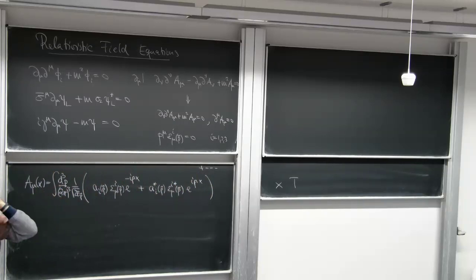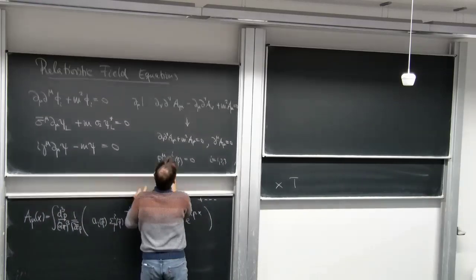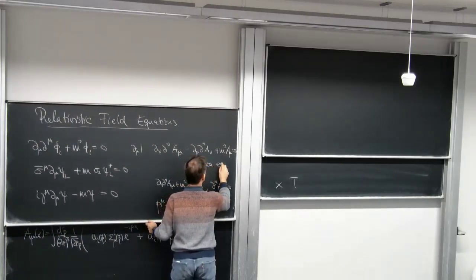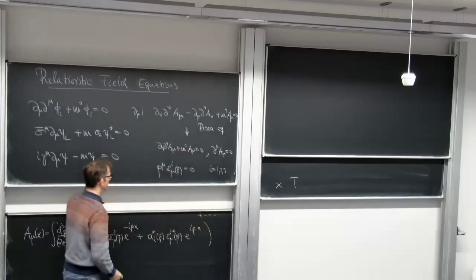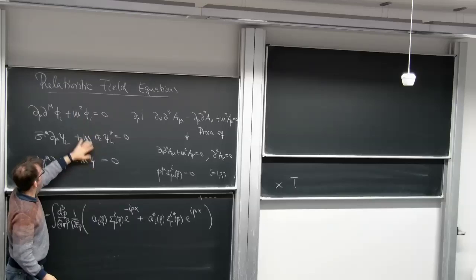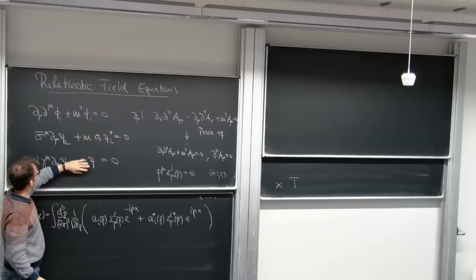And what was left to do, what we'll do now, is to discuss the massless case. So this is the massive field, and the equation is really called Proca equation. And now we also here always discuss the case m equals to 0, and it was very simple, just set it to 0.